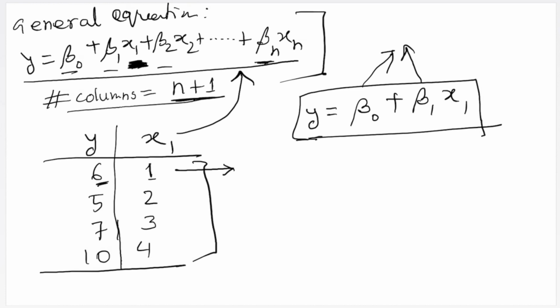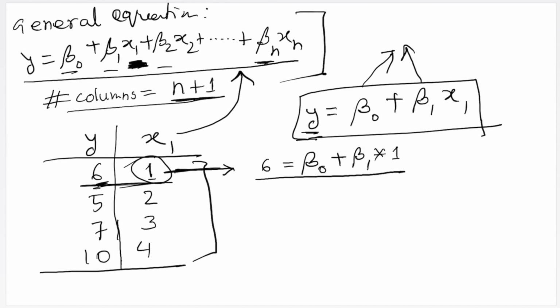And this is y, so we can write 6, because y is 6 based on this particular row. 6 equals beta naught, which we still don't know, plus beta 1, which we still don't know, times x1, and x1 for this particular row is 1, so we make it times 1. So this particular equation is coming from row 1 of the data.